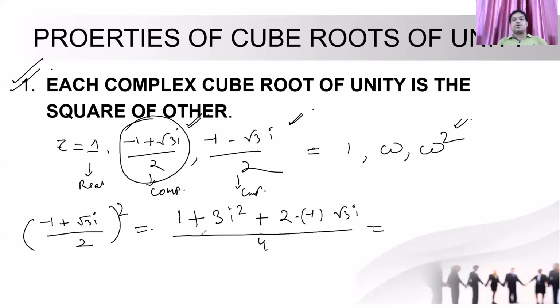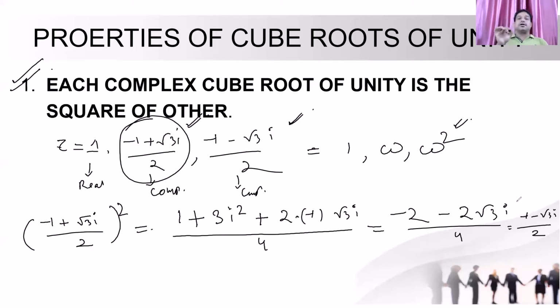That is 4. So 1 minus 3 is minus 2, minus 2 root 3i divided by 4. Now the 2 cancels out: minus 1 minus root 3i by 2, which is the third cube root. I mean omega square. So omega and the third cube root of unity is called omega square.